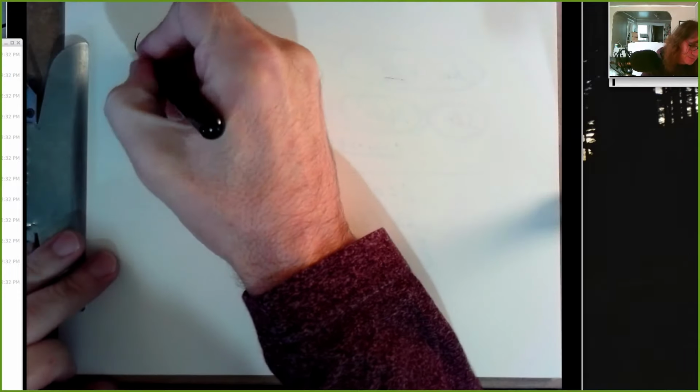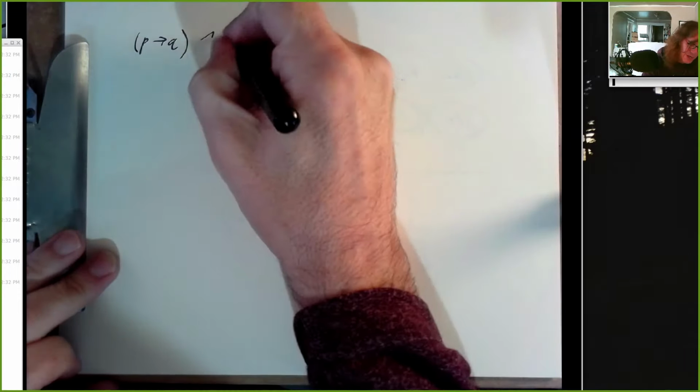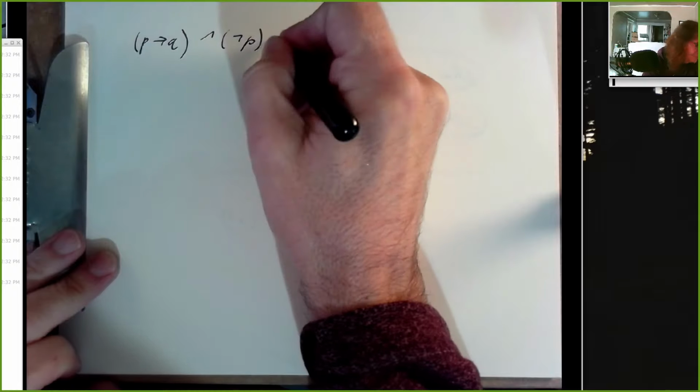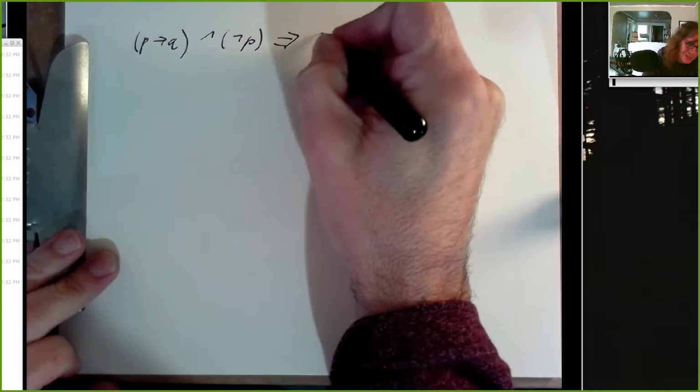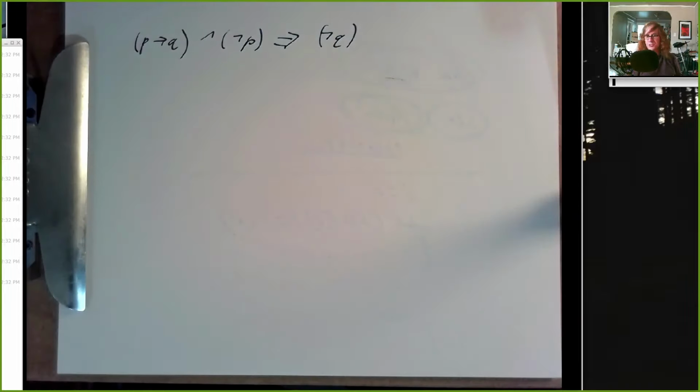So I looked at question 3.42 in detail, and that was a question we actually worked through on Monday, which was showing that the following is a fallacy. If P then Q, and not P, all taken together implies not Q. And we worked through this with a truth table.